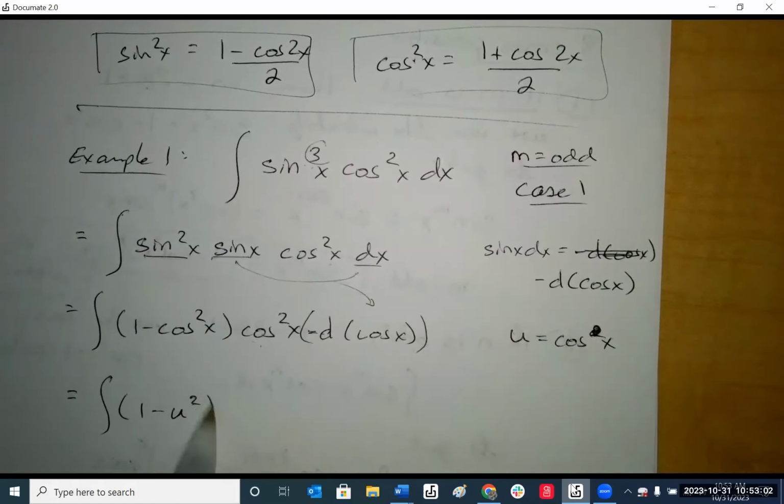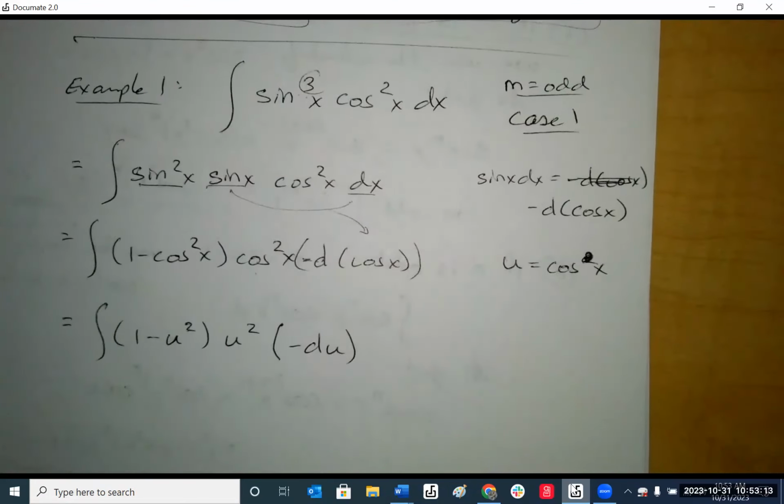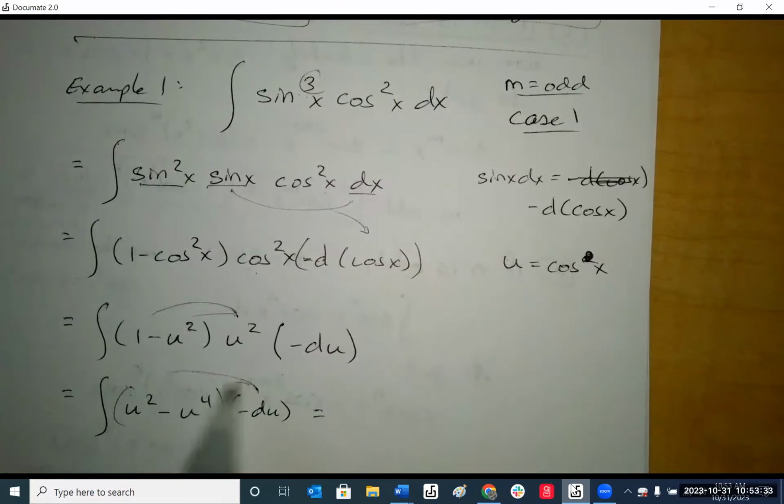So 1 minus u squared, negative du. So we have u squared minus u to the fourth, negative du. So I'll multiply this into both of them.